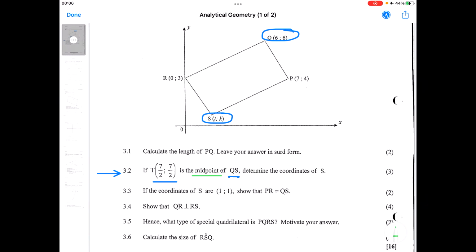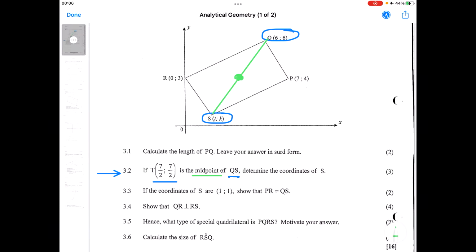Maybe let's try to construct a line from Q to S. So that means that point T is actually somewhere there. I'm just giving an estimate, because what I know is that that point has to be in the middle of QS.